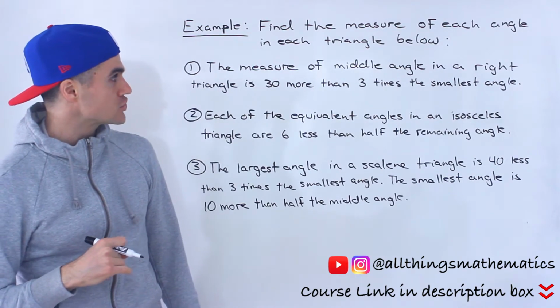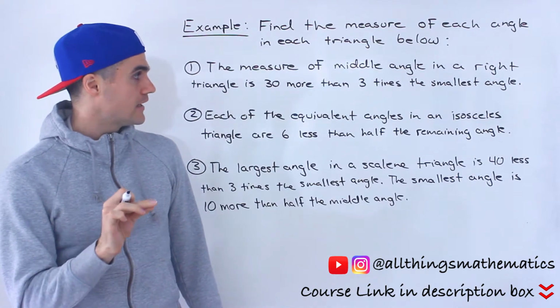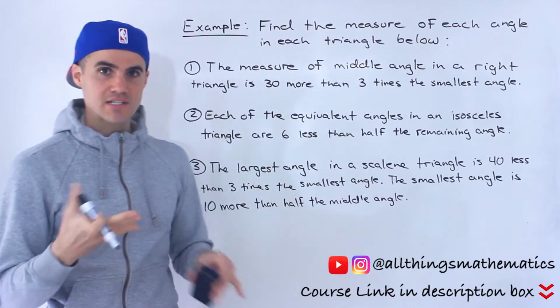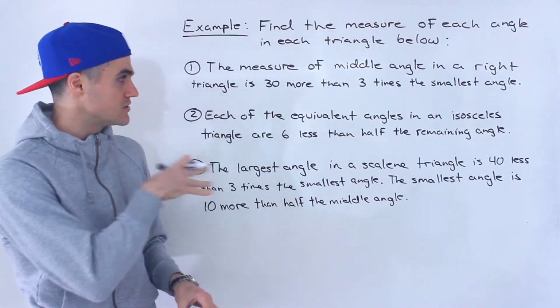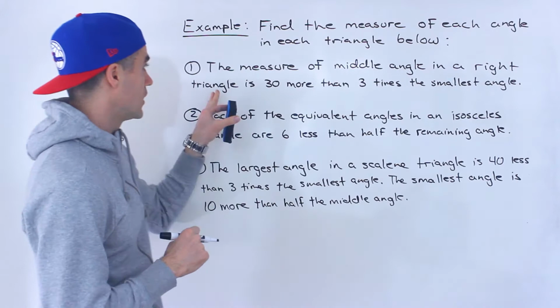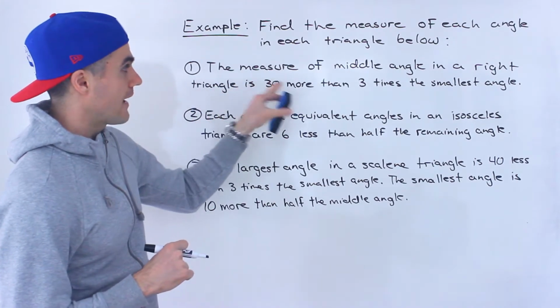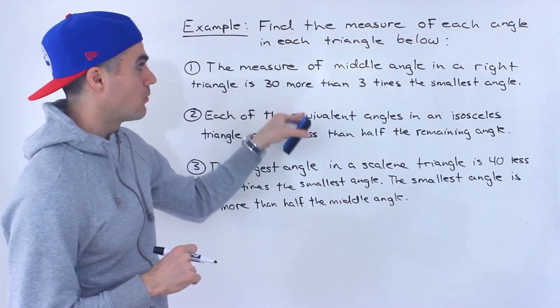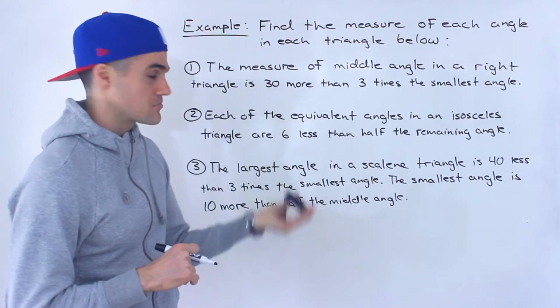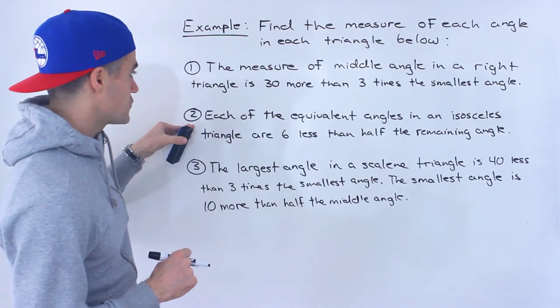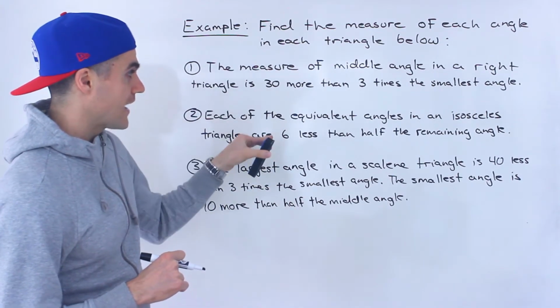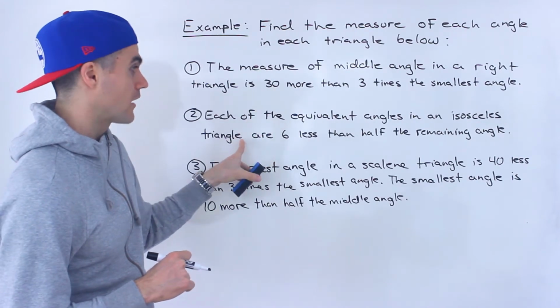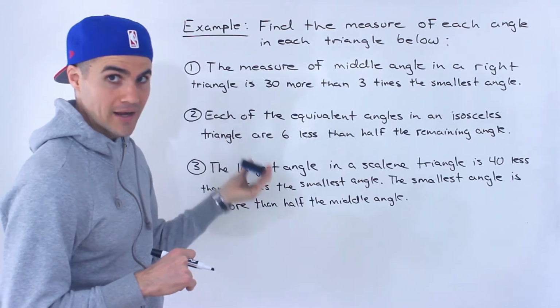So we have to find the measure of each angle in each triangle below. This is like 3 questions here, and they're all dealing with triangles. Question number 1, the measure of the middle angle in a right triangle is 30 more than 3 times the smallest angle. Scenario 2, each of the equivalent angles in an isosceles triangle are 6 less than half the remaining angle.